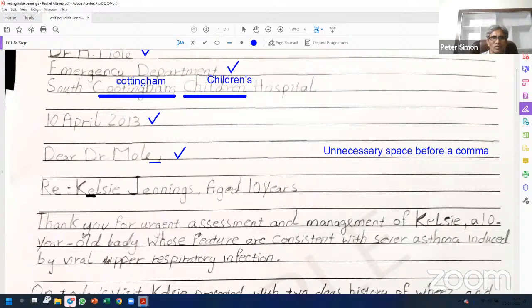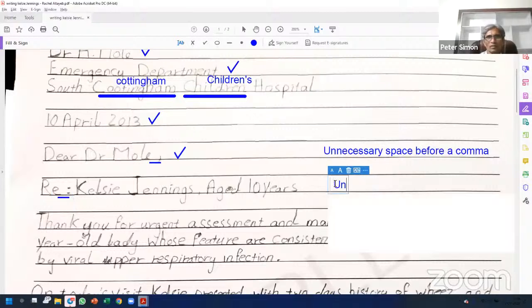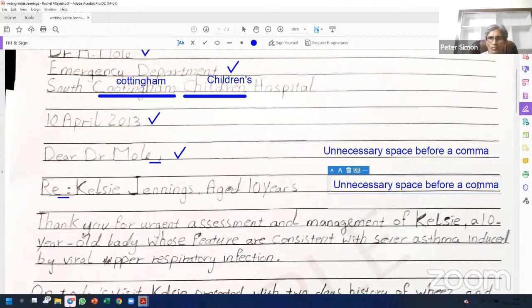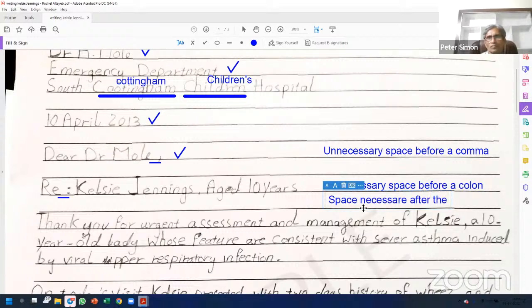Regarding, here also there is a problem: no need for space before a colon, unnecessary space before a colon. Space is required after the colon, space necessary after the colon. Unnecessary capital letter, unnecessary space.